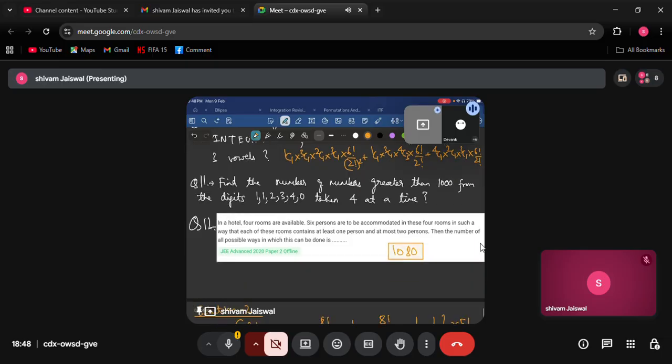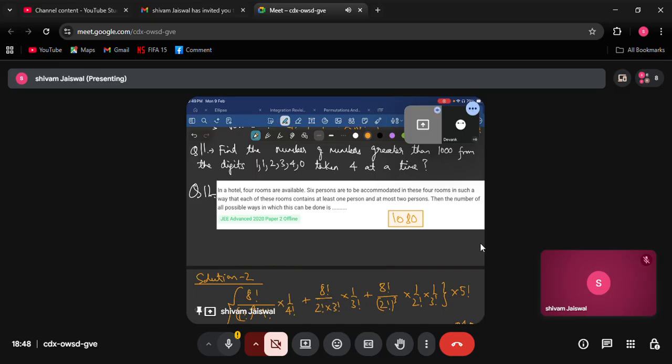Swamita, pay attention. In a hotel room, 4 rooms are available. 6 persons are to be accommodated in these 4 rooms in such a way that each of the rooms contains at least 1 person and at most 2 persons. Find the number of possible ways in which it can be done. At least 1 person and at most 2 persons.